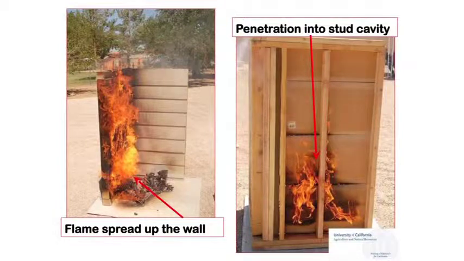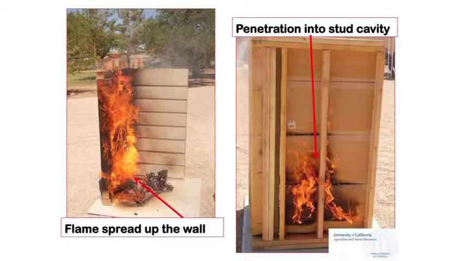Okay, so this is a demo again that I did, and it shows a combustible siding product and a non-combustible fiber cement product. Each one of them had a Class A brand at the base of the wall at the beginning of the test. And here is a pretty large vertical flame spread in the combustible siding product and none at all in the non-combustible.